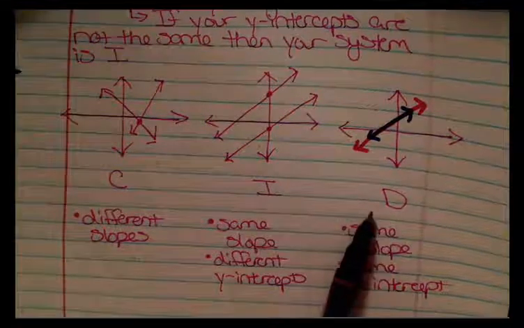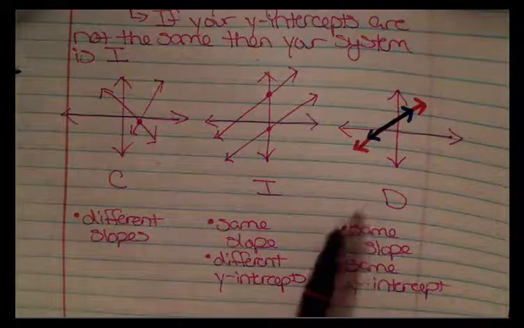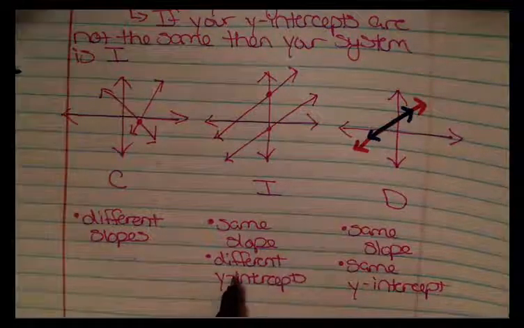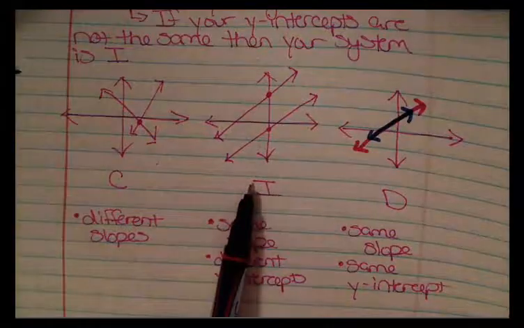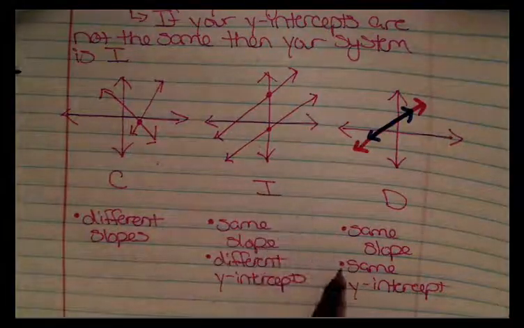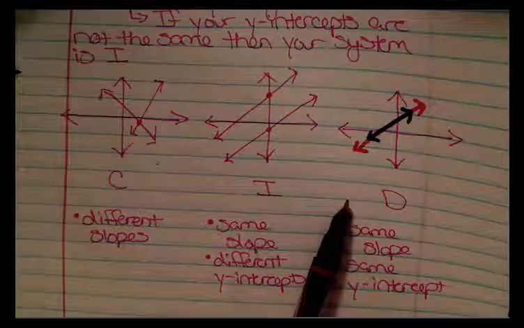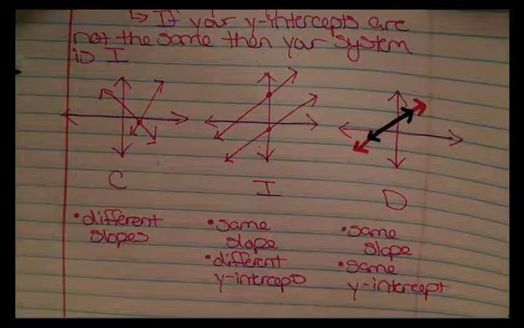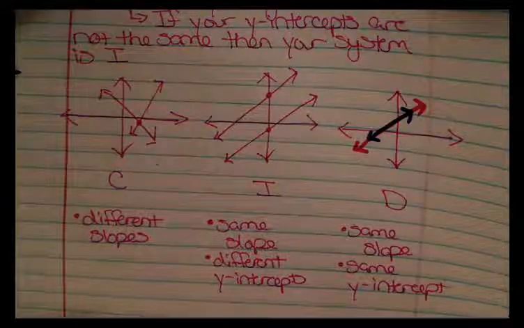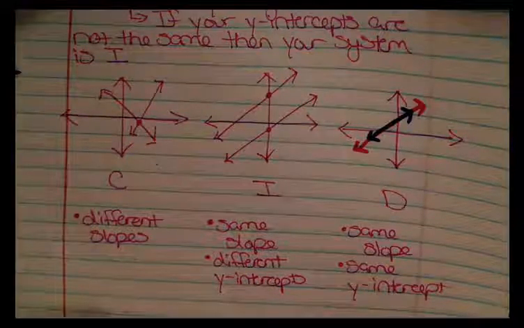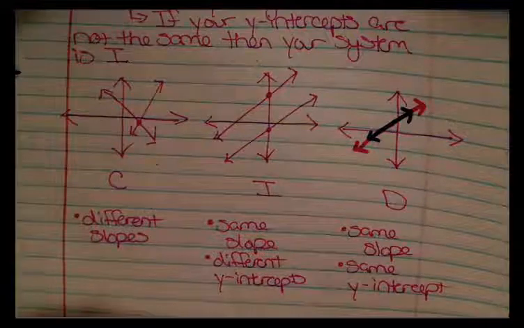If they have different y-intercepts, it's inconsistent. If it's the same y-intercepts, it's dependent. We're going to work one of these so you can see what I'm talking about.